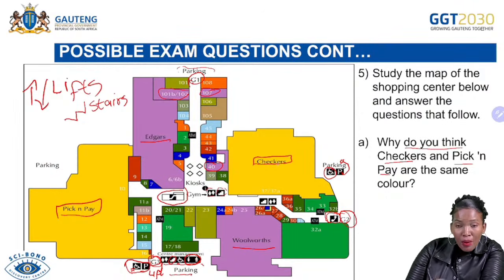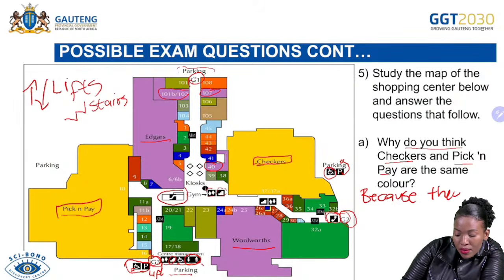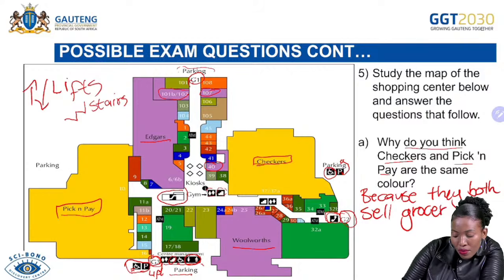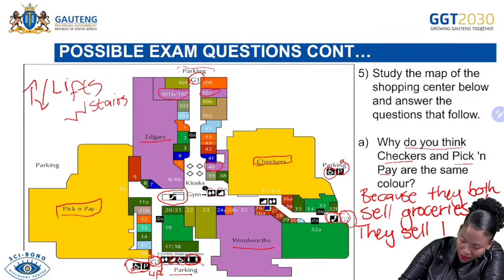So to answer our question here, they are colored the same color because they both sell groceries, or they sell the same type of things or items.